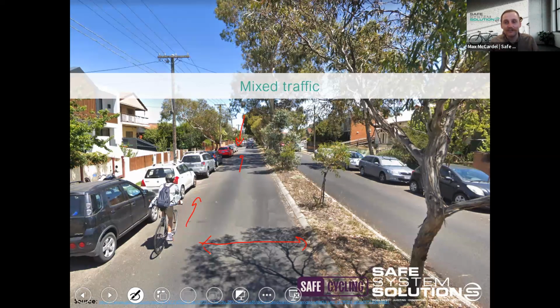And it's just a perfect example of where we could say, well, we know we don't have all the space for all of those uses. So are we going to get rid of the parking lane? Probably not. It's going to be incredibly difficult, but maybe we can instead advocate for cyclists taking a more central position and bringing down vehicle speeds through the use of local area traffic management treatments, and making it a much more comfortable experience for cyclists.